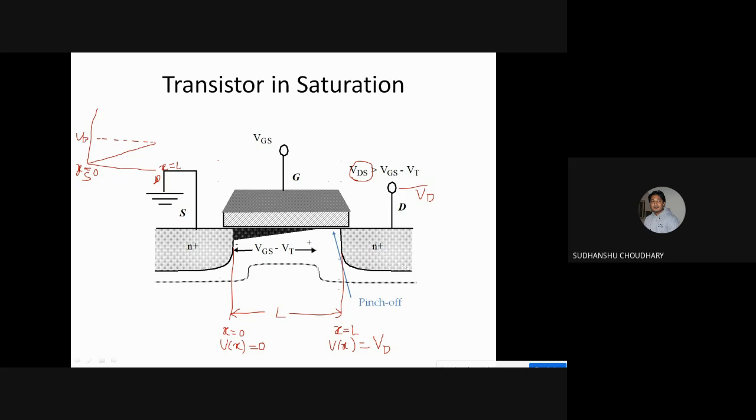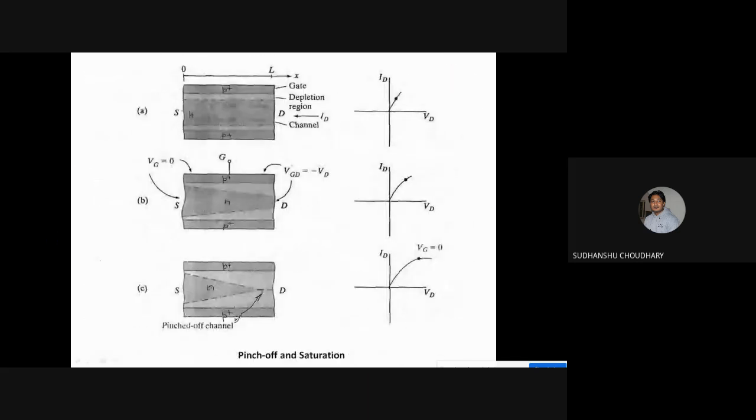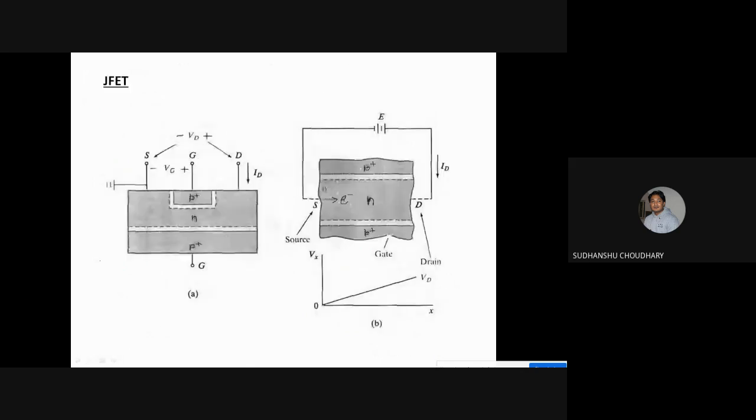I'll go back and show you where we had commented in a JFET that the channel potential changes when you apply a drain to source voltage. Here, you see this picture. When you apply a drain to source voltage, the channel potential from source to drain changes.